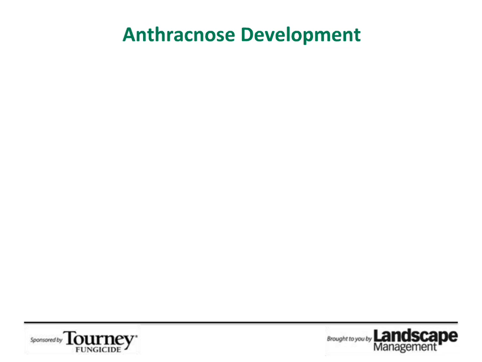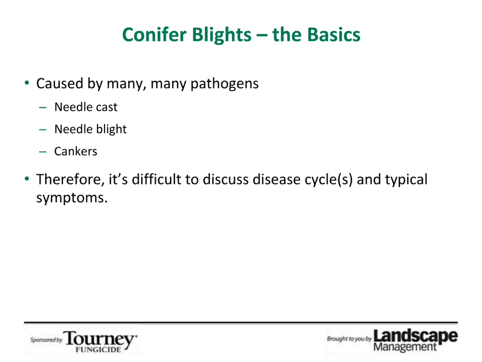Okay, now I want to go ahead and talk about conifer blights. I have a lot of slides here with conifer blights, and that is because conifer blights are caused by many, many different pathogens. They're often known as either needle casts or needle blights. They can cause cankers, and of course the common thread is they're all on conifers or evergreens. It's difficult in a forum such as this, with the limited time that I have, to really get into any detail about a disease cycle or typical symptoms to look for.